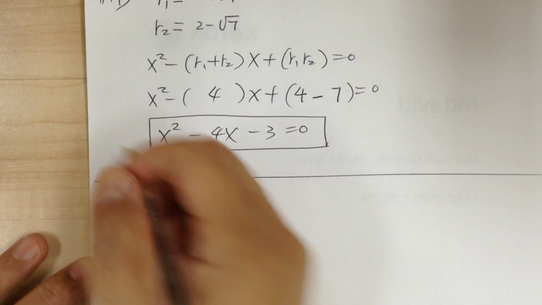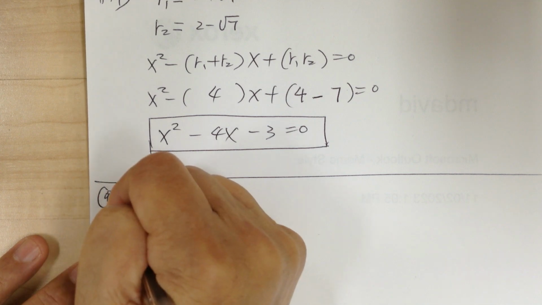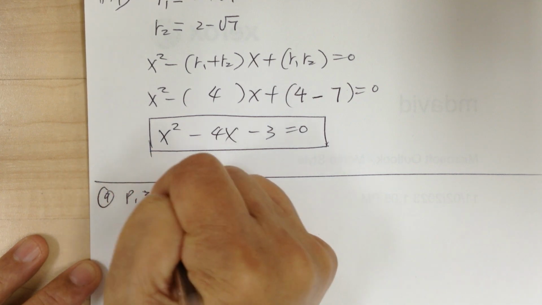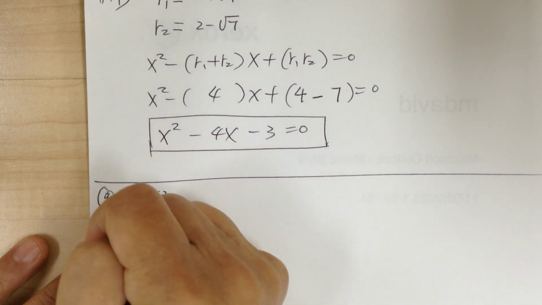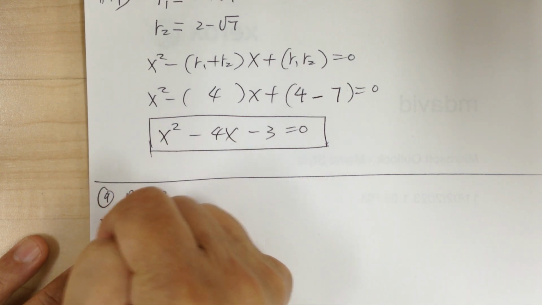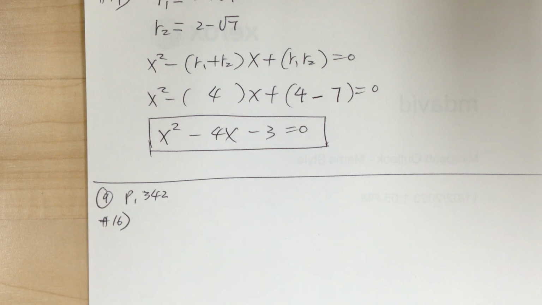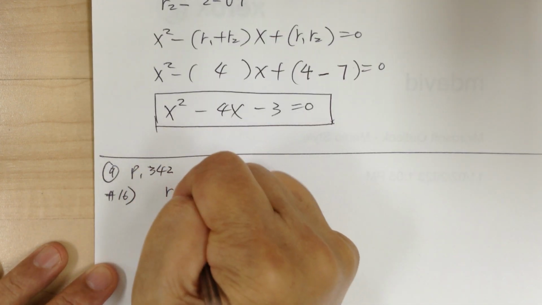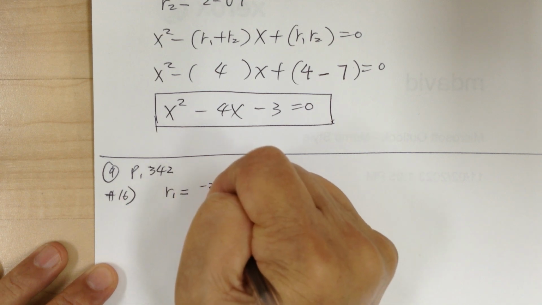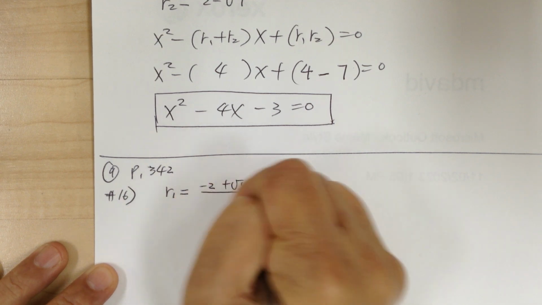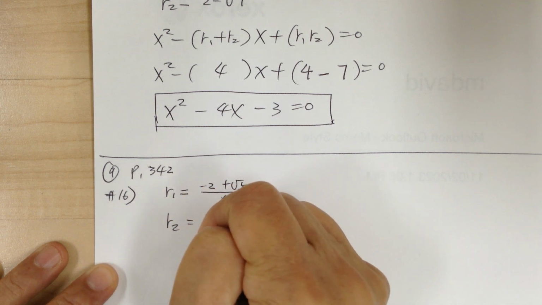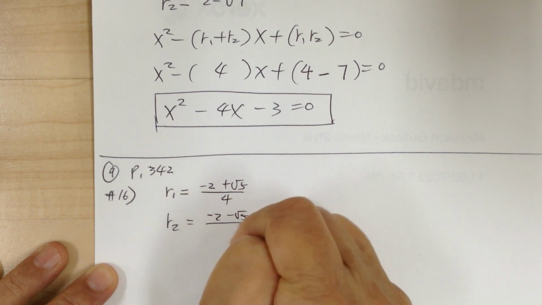Okay. Let's go to the next item, number 9. It's on page, again, 342, and let's go and do number 16. So you have R1 equal to -2 plus square root of 5 over 4, and R2 equal to -2 minus square root of 5 over 4.